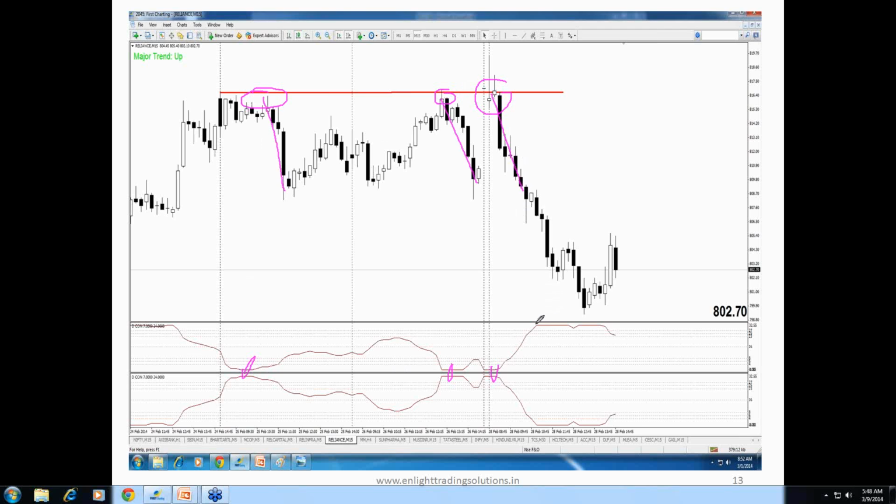When convergence reaches this extreme area, all the lows get broken. It finds the extreme area here. This is where your first exit point comes.